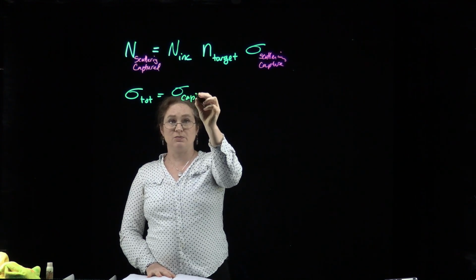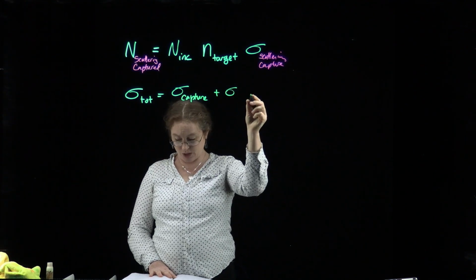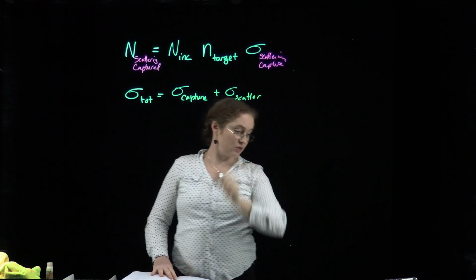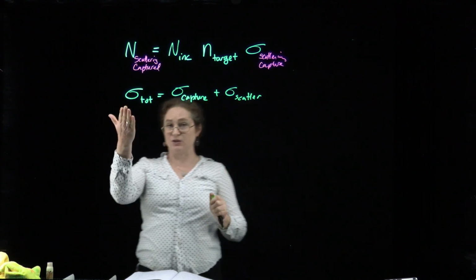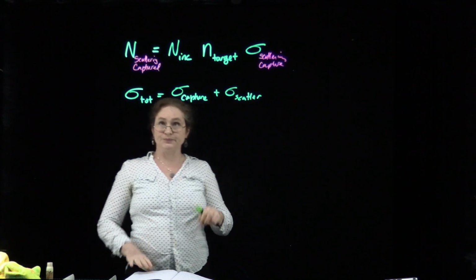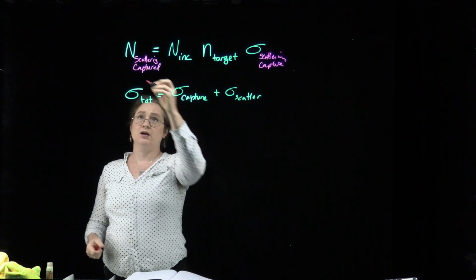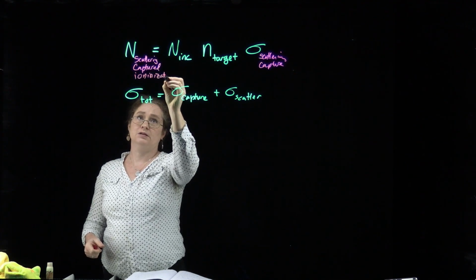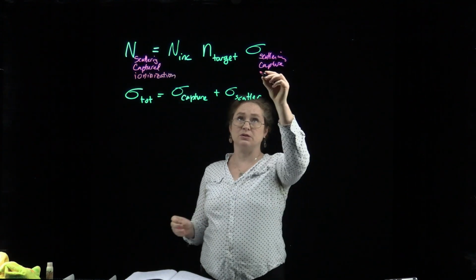And it's just going to be the sum of the cross-sections for all of the processes. So if you only have two processes, capture and scattering, then the total cross-section is the sum of those two. You could also have ionization, where something comes in and knocks an electron out.